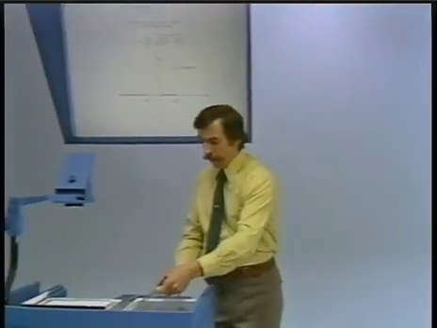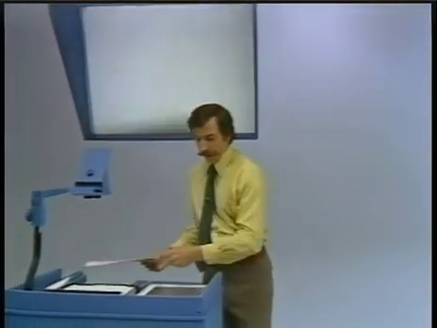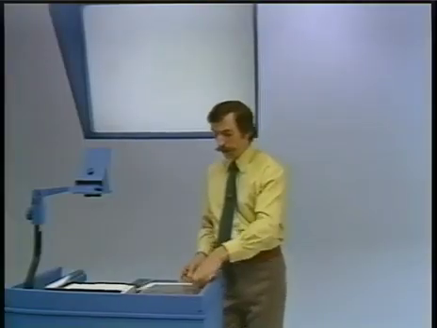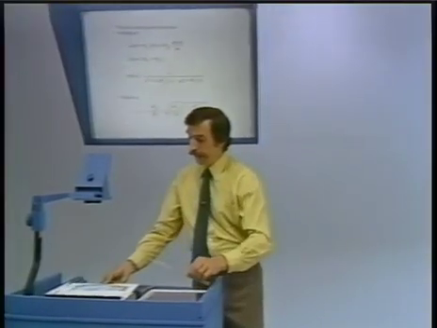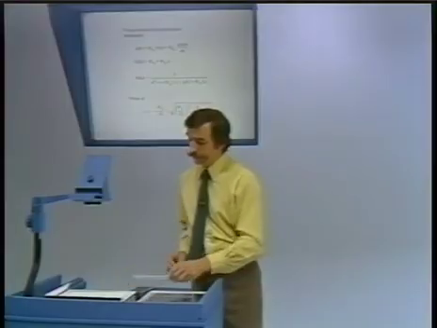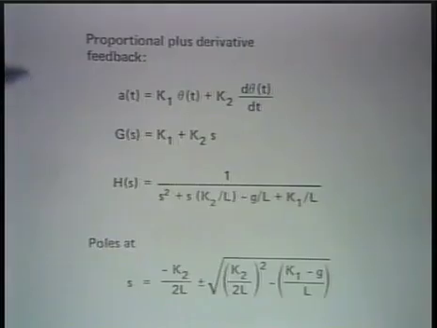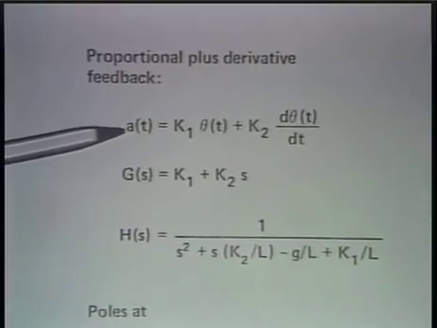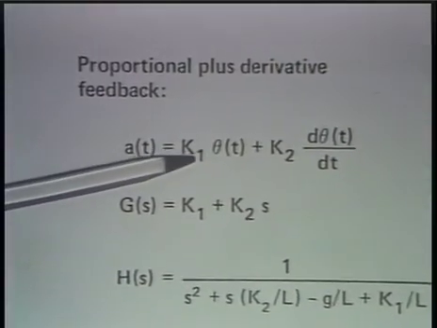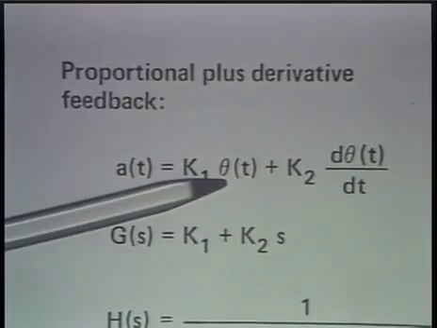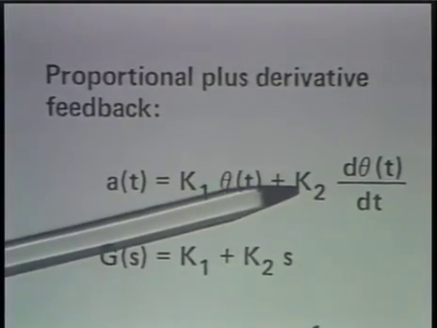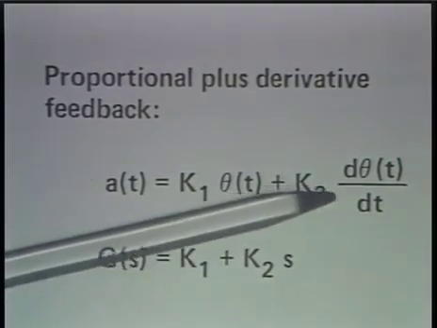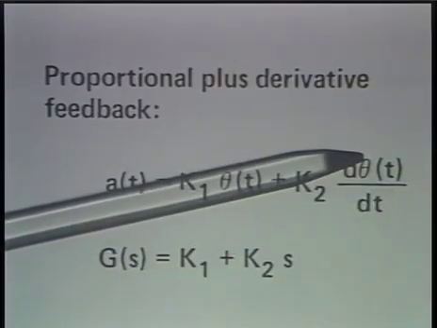Now what we want to examine is the use of proportional plus derivative feedback. In that case, we have a choice for the acceleration, which is proportional with one constant to the angle and proportional with another constant to the derivative of the angle.